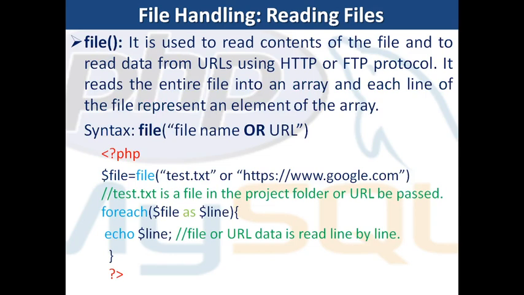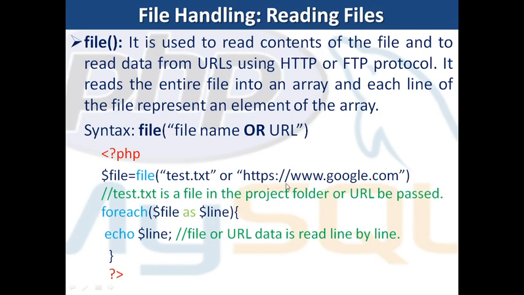The file function is used to read contents of the file and to read data from URLs using HTTP or FTP protocol. It reads the entire file into an array, and each line of the file represents an element of the array. Syntax is file(filename or URL). Here we have passed test.txt, or any file present in the project folder, or any URL.